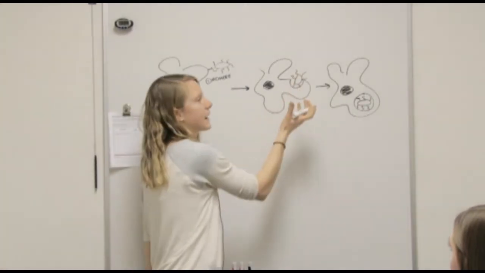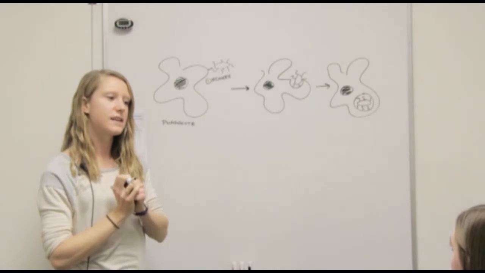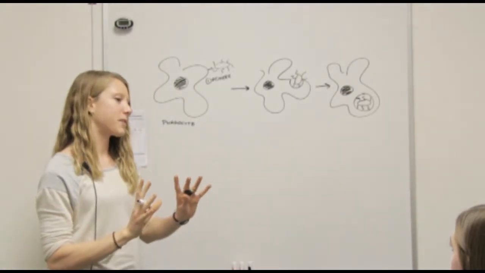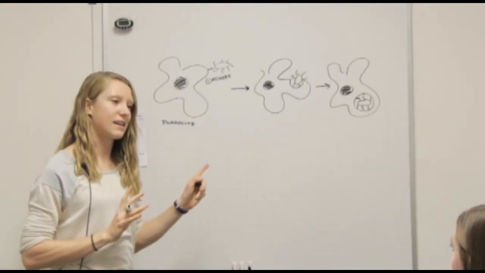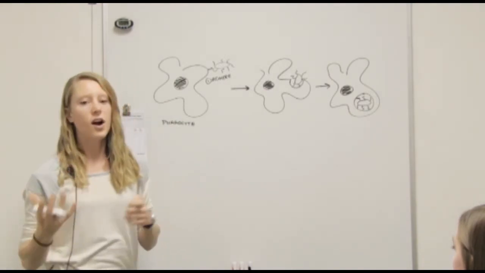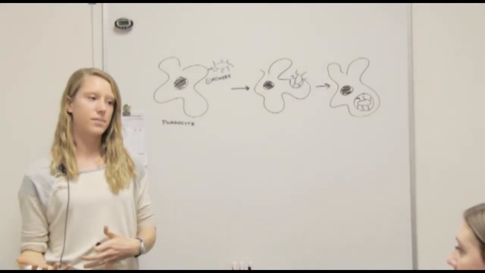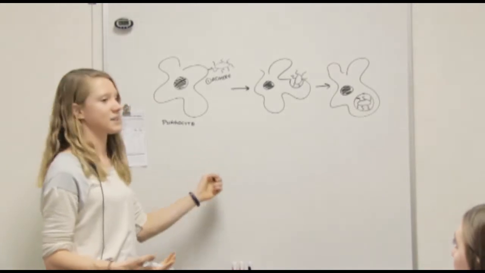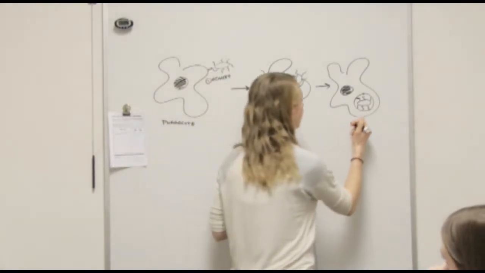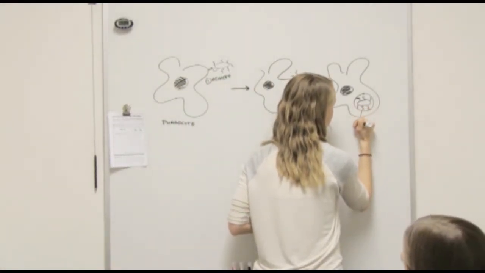So we engulfed them, right? It's kind of like endocytosis. Yes, but there's a more specific word when we're talking about phagocytes. Inside our cells we call it an endosome, and here we call it a phagosome. So the ingested microbe in this little bubble is called a phagosome.